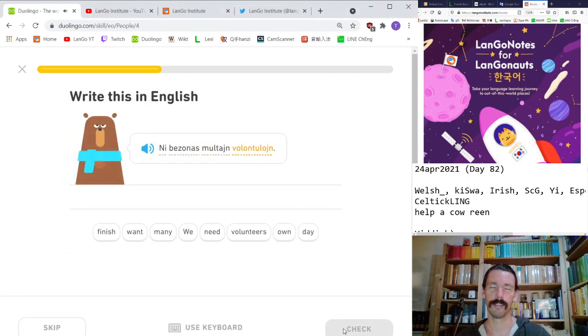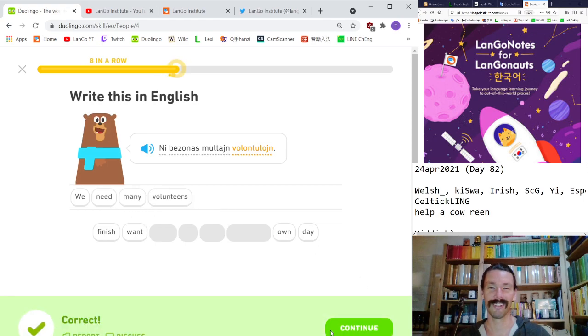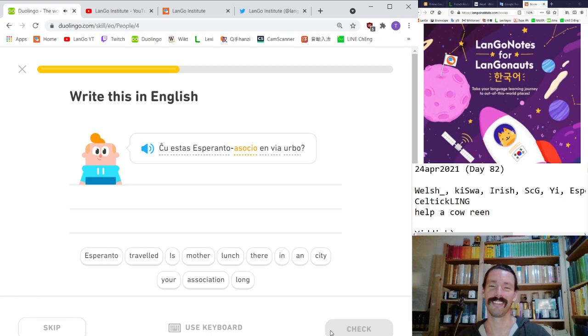Ni bezonas multajn volontulojn. Ni bezonas, we need, multajn, many, volontulojn. Ĉu estas Esperanto-asocio en via urbo? Is there an Esperanto association? So estas, just like Latin, for the existence of a thing.